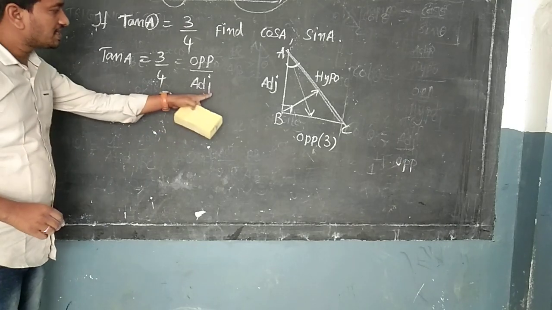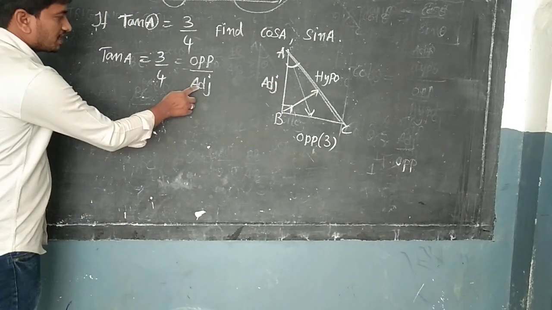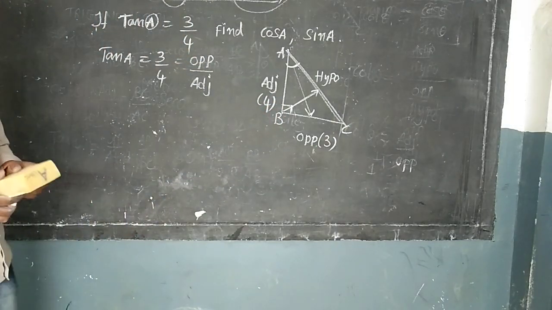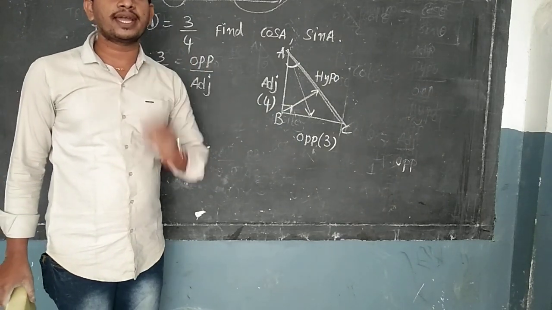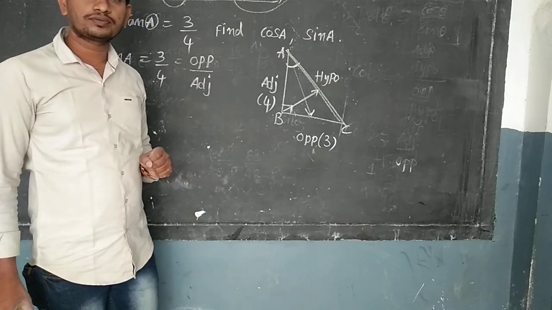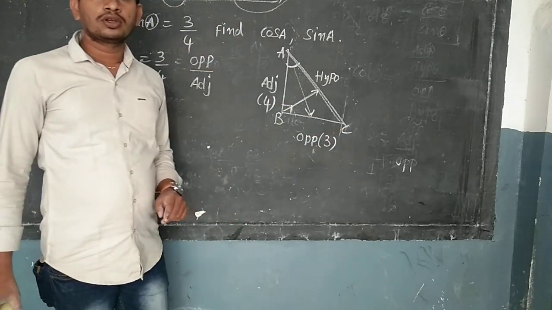And the adjacent side is AB. We know that adjacent is 4 units. Students, in a triangle we have 3 sides. Here we know only 2 sides, 3 and 4. Then we have to find the third side, AC.